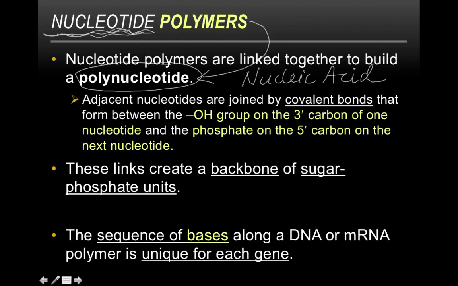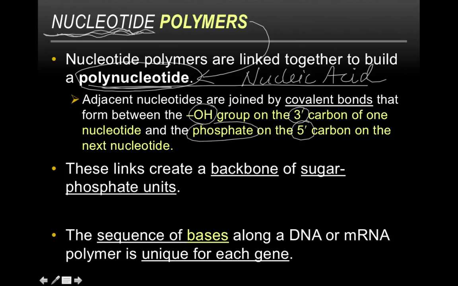The process of joining nucleotides together is the same as you learned for the other three classes of biological molecules. Dehydration synthesis is the type of reaction that builds these polymers. So adjacent nucleotides are joined by new covalent bonds when the hydroxyl group on the third carbon of one nucleotide sugar reacts with the phosphate group on the fifth carbon of the next nucleotide.